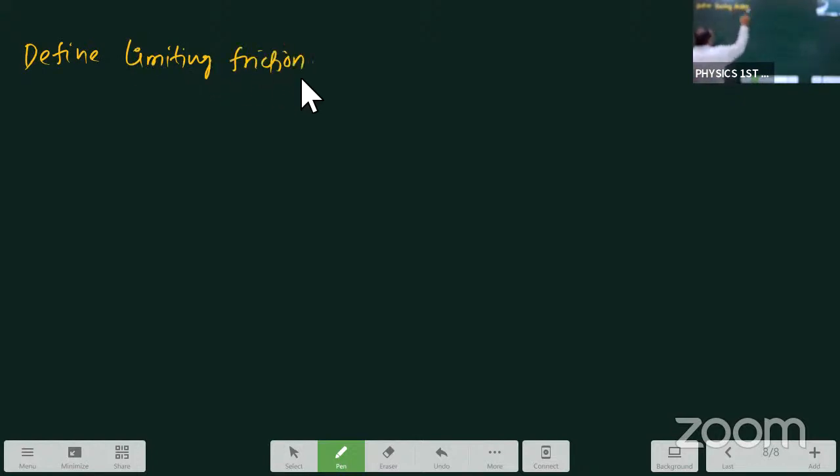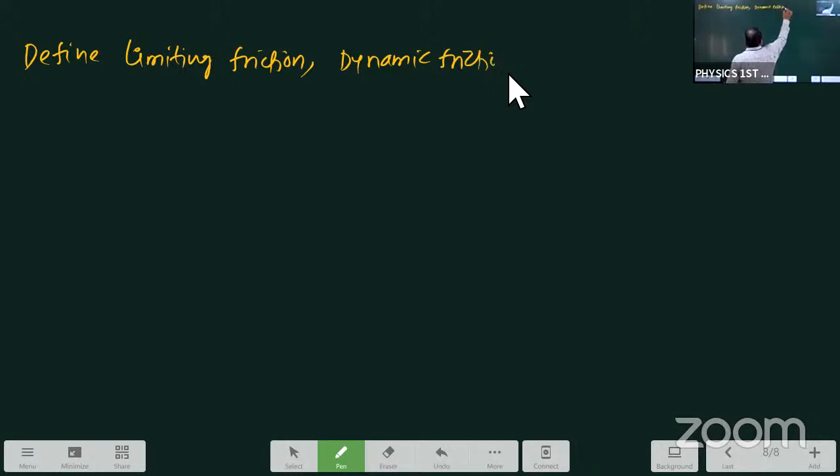Upcoming question: define limiting friction, dynamic friction, rolling friction.